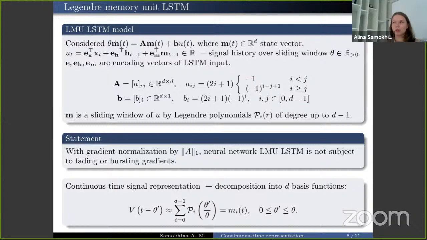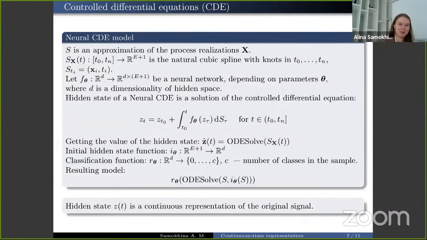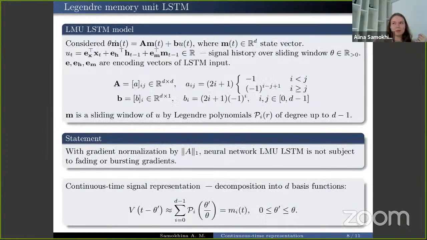Another model was also considered, the Legendre memory unit, LSTM, because many papers said that simple recurrent neural networks like the previous one would have a fading gradient problem, and we should try to see it with LSTMs. We actually have very short EEG segments, so we wouldn't have this gradient problem, but still it's interesting to look at.